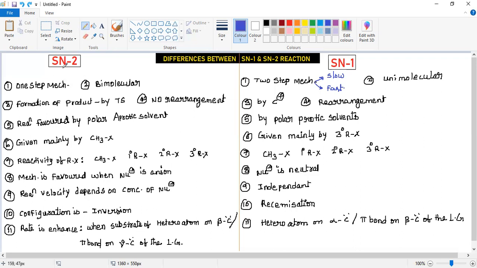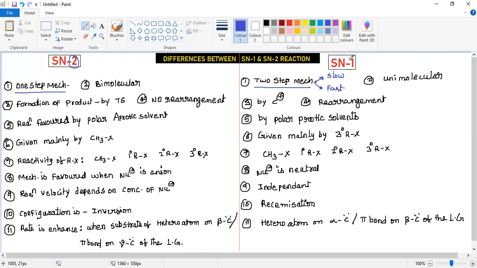In the previous parts of the class, we already learned that SN2 means two molecules participate in the chemical reaction. So it is followed by only a one step mechanism. Whereas SN1 means unimolecular, it is a two-step mechanism.